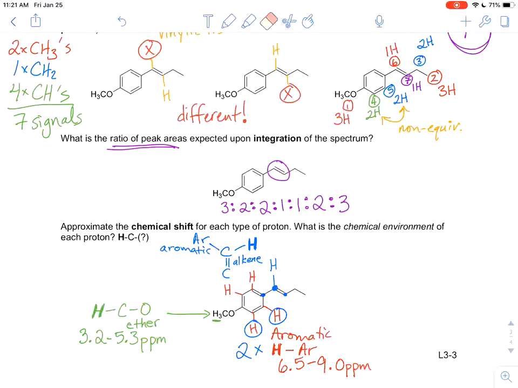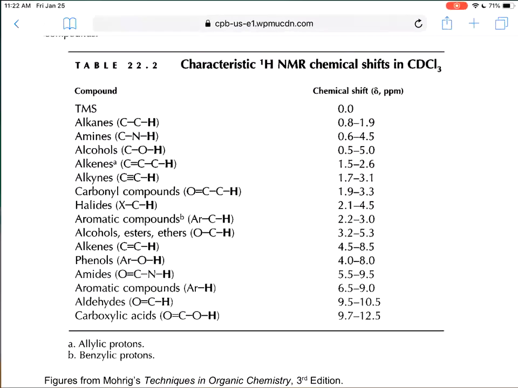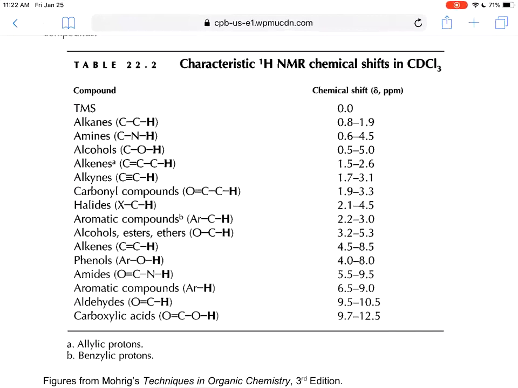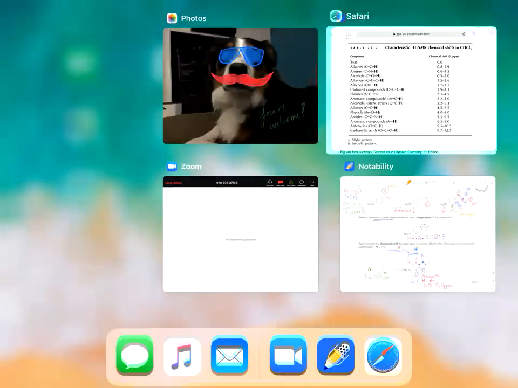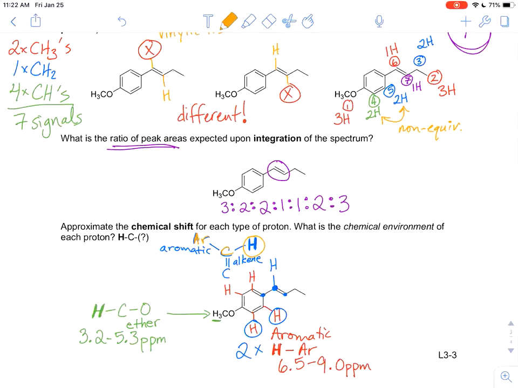So let's go back to the two categories. We're looking for an aromatic group, noticing that now it's the hydrogen attached to a carbon connected to an aromatic group. The second category is the hydrogen connected to the carbon of an alkene. The first group, which we saw earlier in the middle, the aromatic compounds with a little b, is when the hydrogen's connected to a carbon connected to an aryl group, and that range is 2.2 to 3.